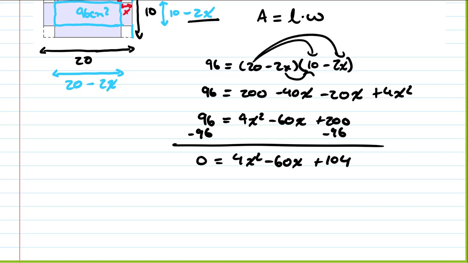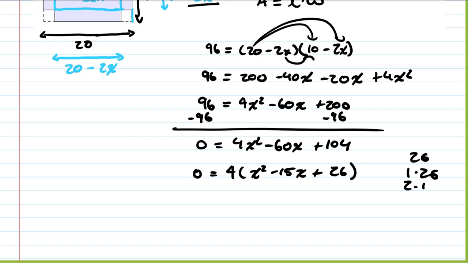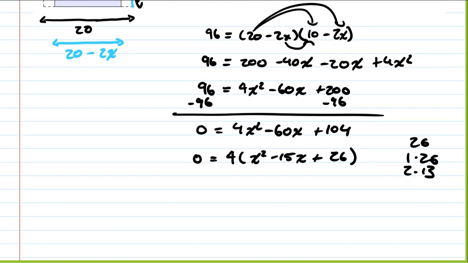Well, let's try this again. We're still going to factor. So we factor out our GCF in this case, which this time is 4. And we get x squared minus 15x, and 4 goes into 104 26 times. So now we factor, our factors of 26 are 1 and 26 and 2 and 13. And so we're going to get these two.